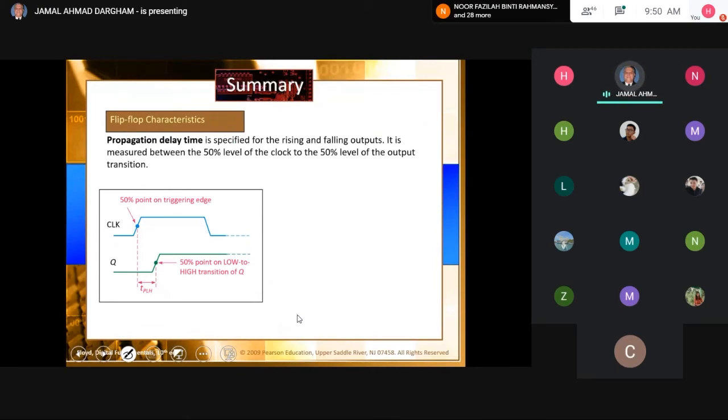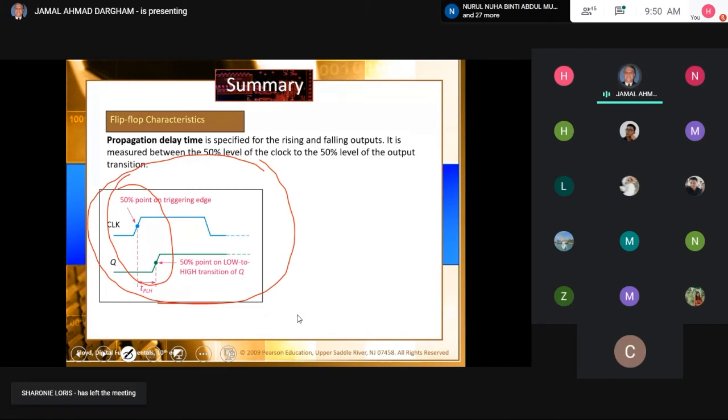We have studied this one before for the logic gate, but we have the same thing for the flip-flop, which we call propagation delay. And propagation delay is measured here between the clock and the output. Okay.